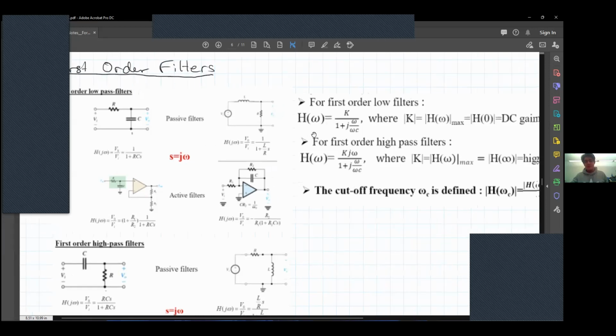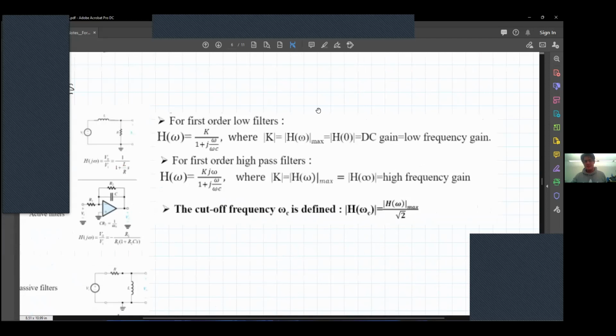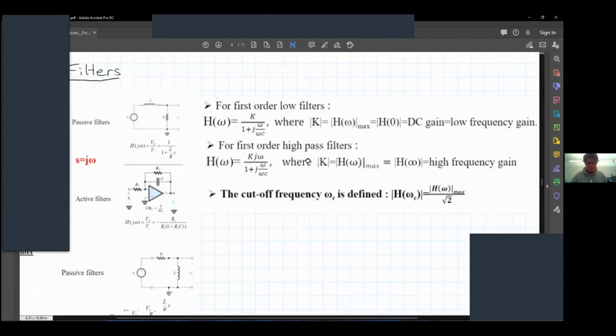You can get a function for them as well, such that you have your low and high pass, where you have how much gain you can get with them, and your frequency is defined by the max over √2 with them.